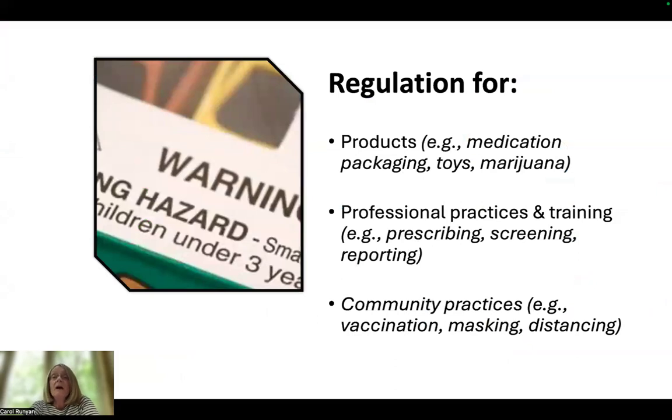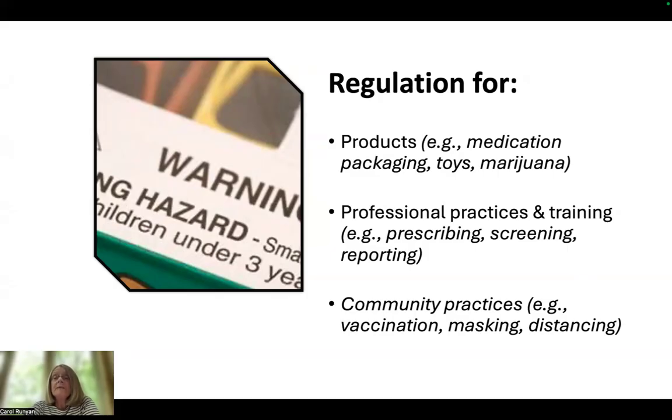Regulations can be made for products, for example, how we package medication, what toys are allowable on the market, and what toys may be allowable for certain ages, who can gain access to marijuana, and how it is packaged.